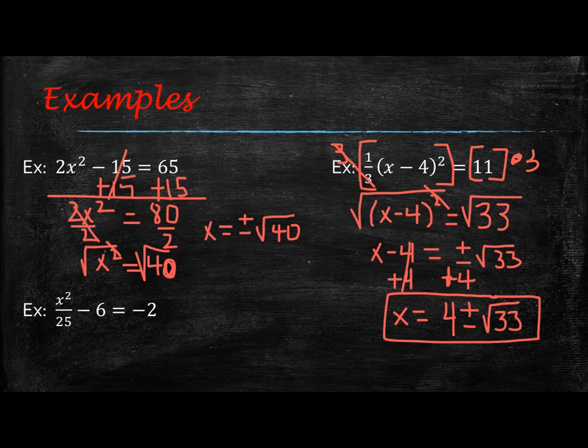Okay, the last example for now, we're going to add 6 to both sides. So you'll have x squared over 25 equals 4. And now to undo the division by 25, we want to multiply both sides by 25.